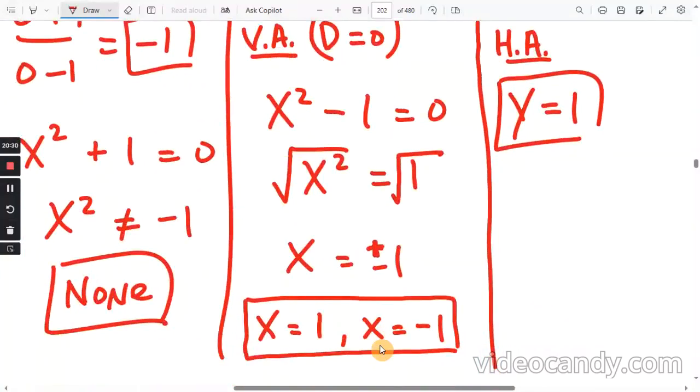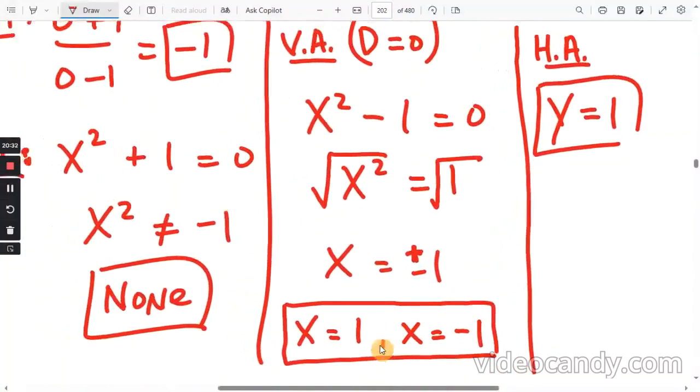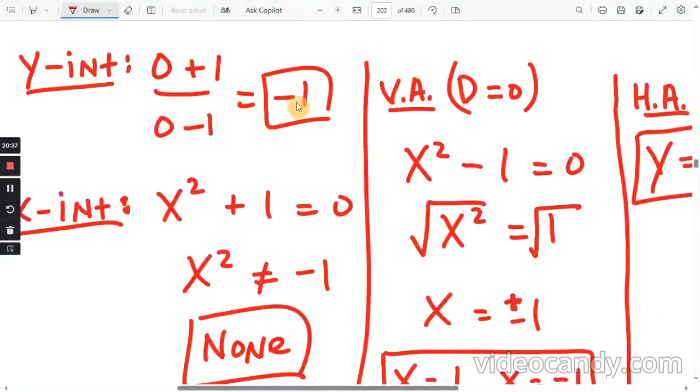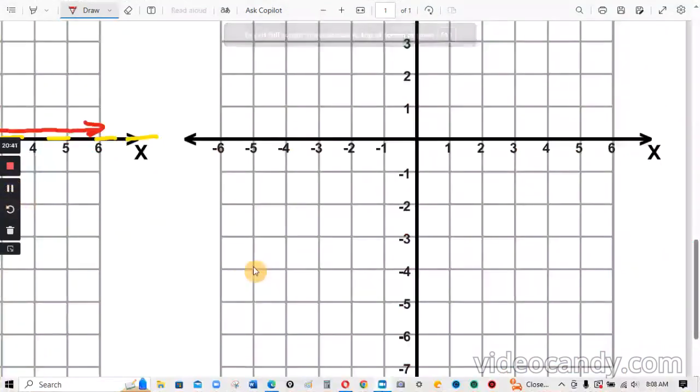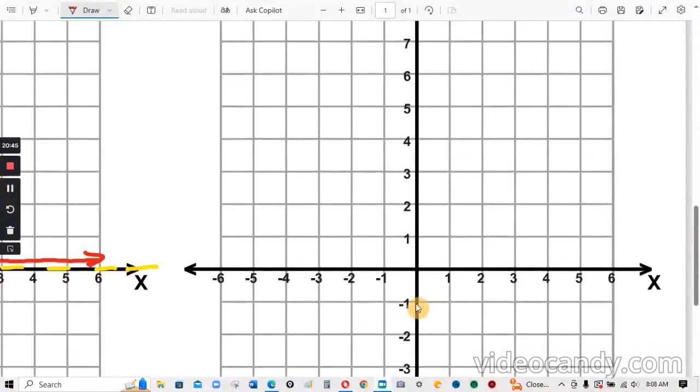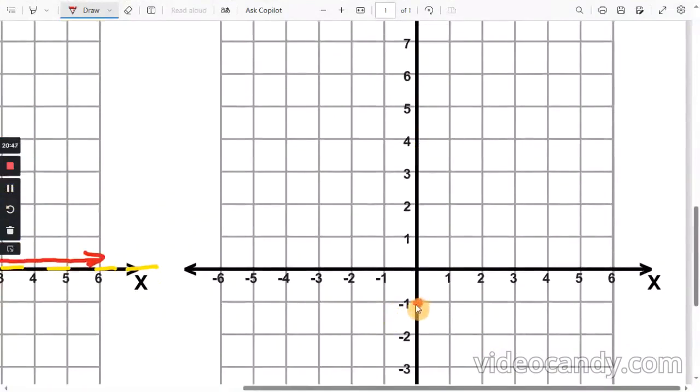All right, so let's plot these points and asymptotes. Let's go to the y-axis and put on the y-intercept, -1. Y-axis right here. Let's go to -1 right there. We said the vertical asymptotes are at 1 and -1.